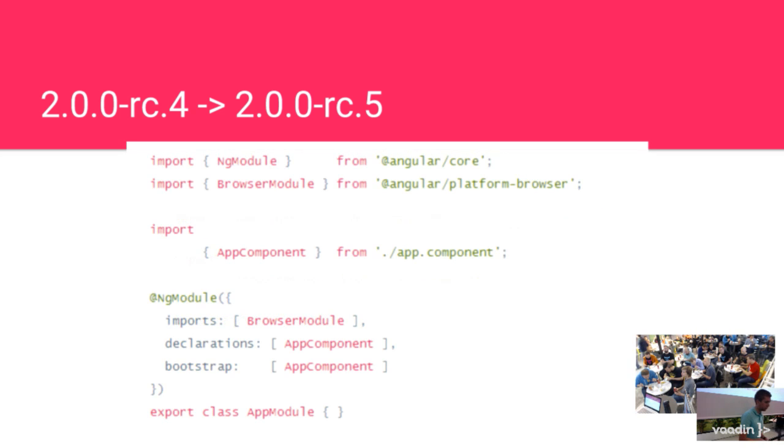With the RC5, it looks something like this. So you first need to import the ng module, and then the actual component that you will use. And then you won't use the Bootstrap function, but instead ng module, and then set up the Bootstrap in there. And this is just one example of how much Angular 2 has changed in between a couple of RCs actually.